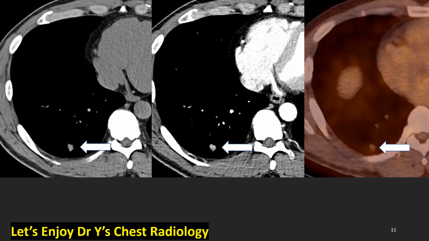Although small, the second image shows relatively strong enhancement of the nodule, and the third image shows poor non-uptake of FDG. Usually, a nodule less than 1 centimeter is not so accurate on PET-CT because of breathing movement artifact. Anyway, this PET-CT image shows no uptake of the tumor.